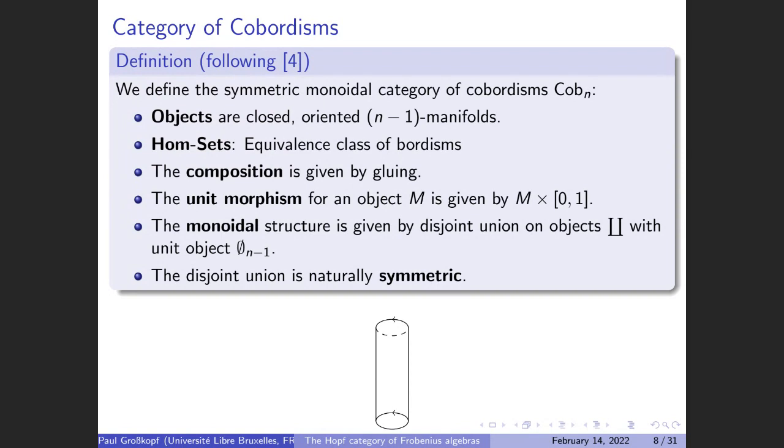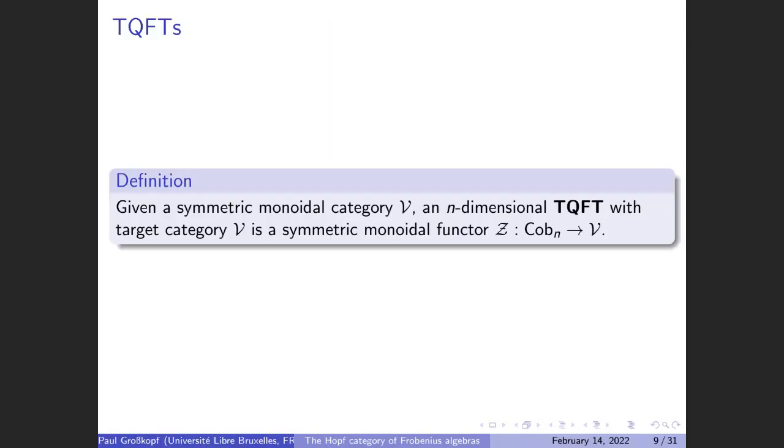And now from this description, it's quite easy to define a TQFT. I just want a second symmetric monoidal category. This can be vector spaces, this can be modules, or be creative, whatever interesting symmetric monoidal category you find.